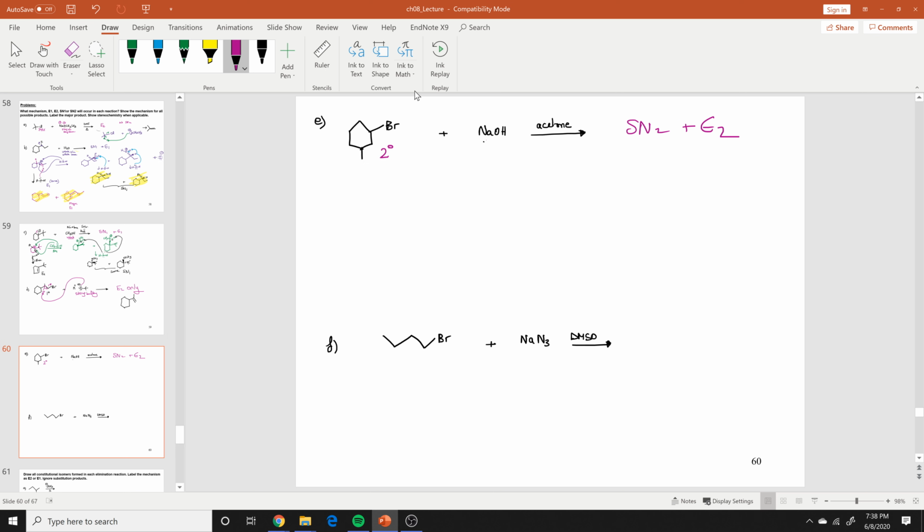I always start with the SN2 product. So the base over here is going to be my base. This is a chiral center. So the base over here is going to attack. Let's say if I had the bromine up, then the base is going to come and attack from the opposite side of the leaving group, and the bromine is going to leave.